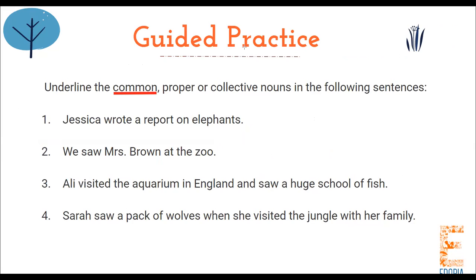You can underline the proper nouns with blue color, and then you can underline the collective nouns with green color. So take a minute, try and find all these nouns in the following sentences, and then come back and play the video one more time.